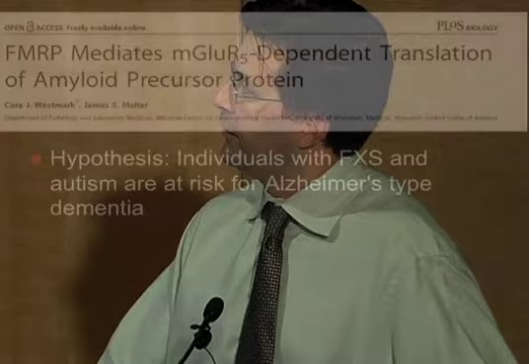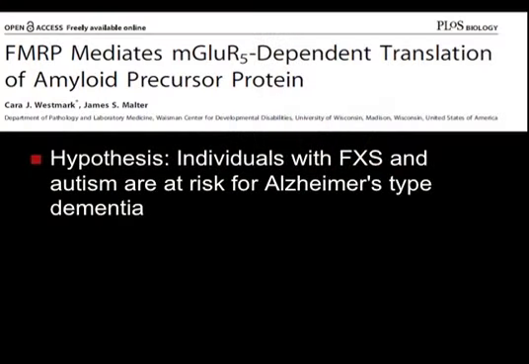So lo and behold, a few years later, a study came out that actually showed that FMRP, the protein that I mentioned before, which when absent causes Fragile X syndrome, actually mediates the interaction between the mGluR5 system and amyloid precursor protein.